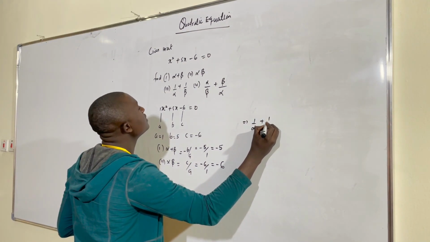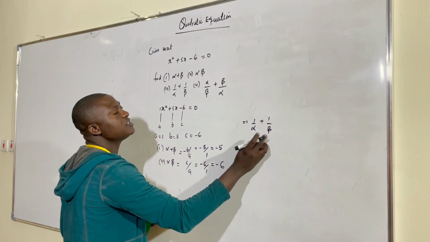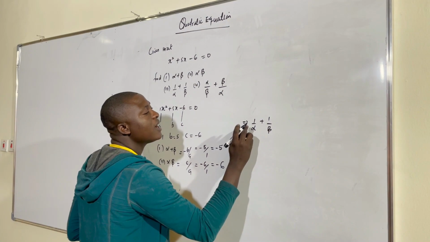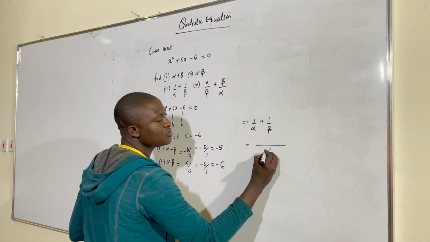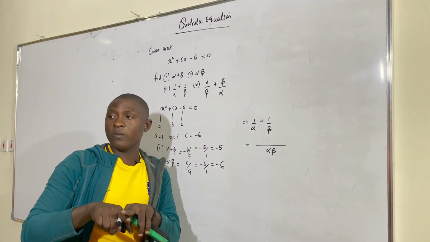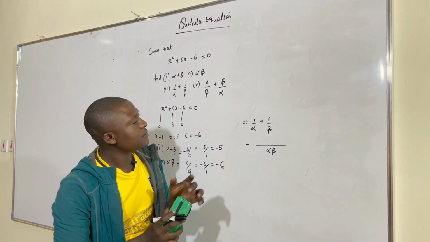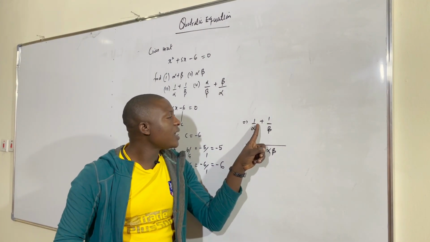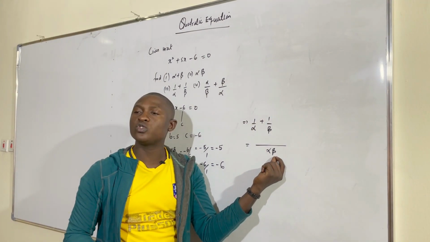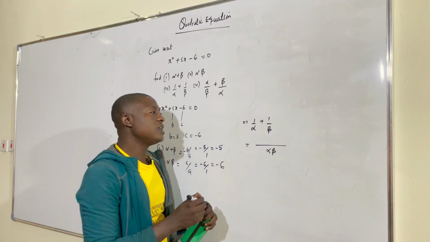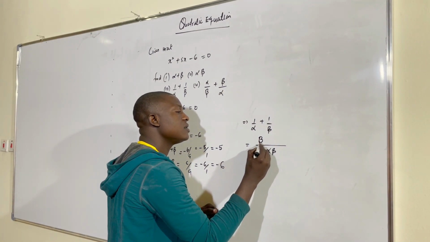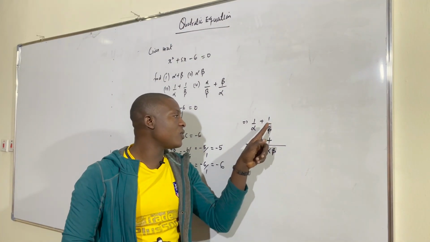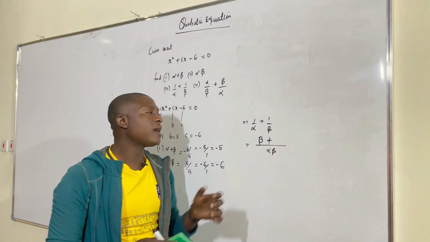Look at it. Now, the first thing, let's find the LCM. If I find the LCM, I know the LCM over alpha beta is going to be alpha beta, just like if you combine the two together. Now, from here, how many alpha can we get in alpha beta? Meaning alpha can cancel alpha, so you are going to have beta left. That means I can have beta here, plus. Now, how many beta can we have in alpha beta? Of course, beta can cancel beta here, and we are going to have alpha here.